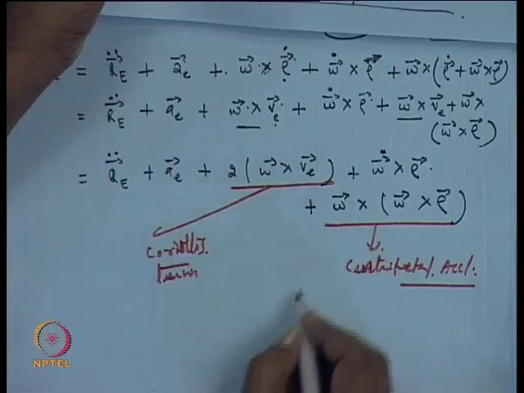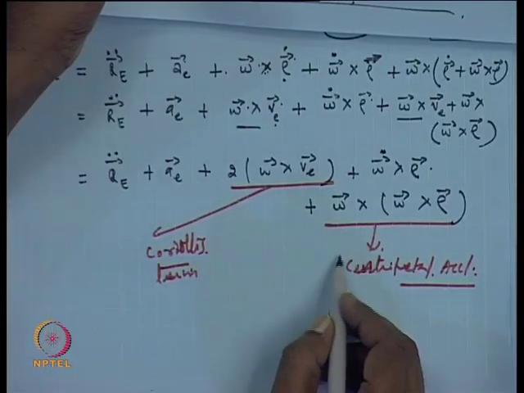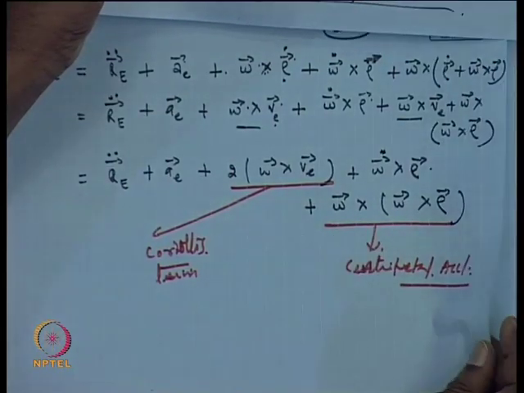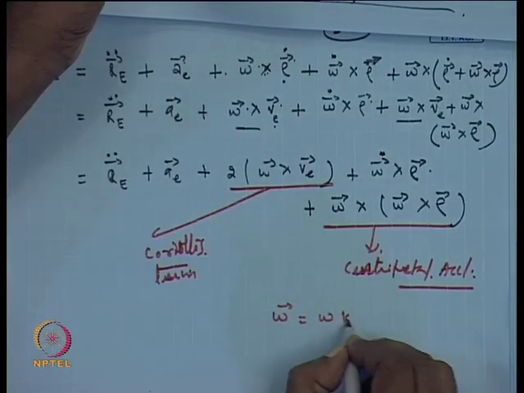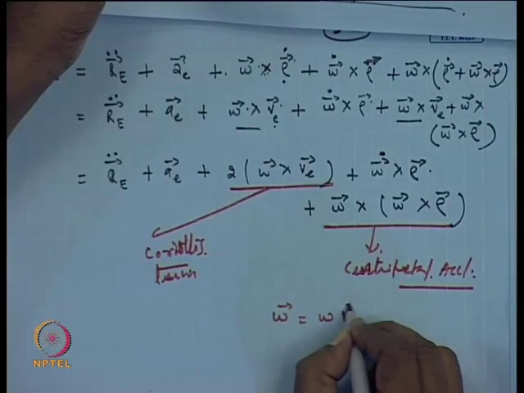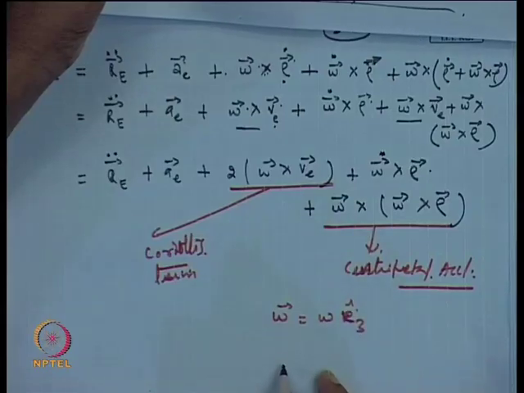Okay, for very simple cases you can check it. Say your omega you can write as omega times E3 cap.